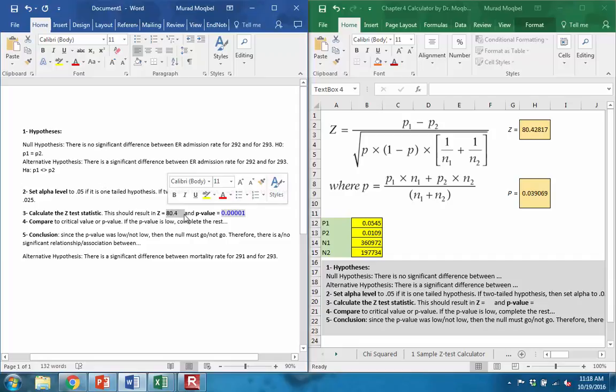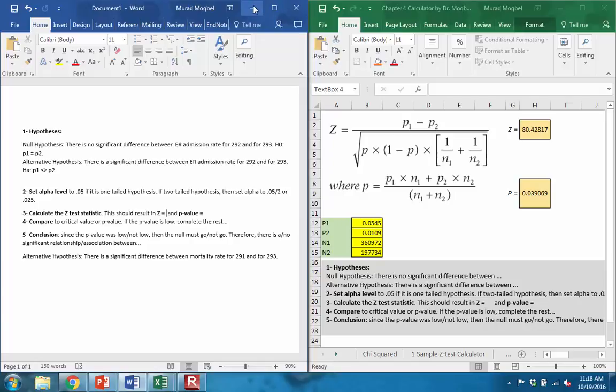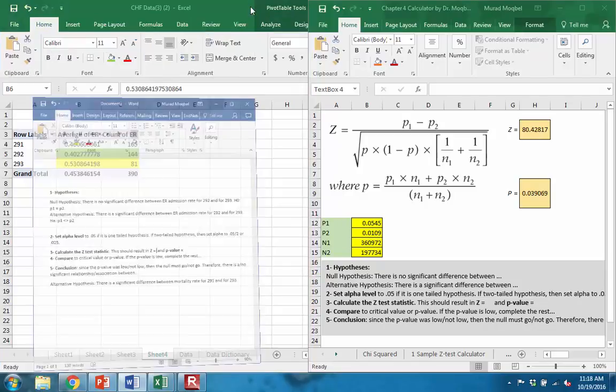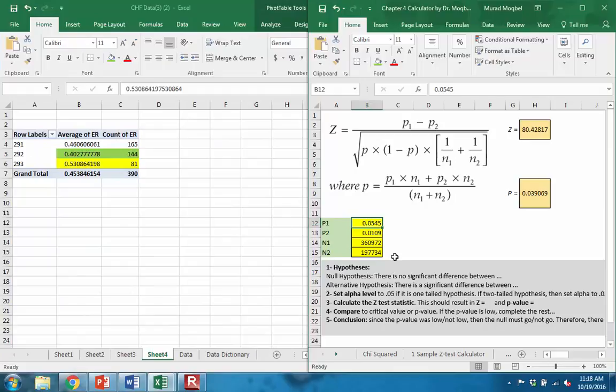So now I will need to calculate the Z, and I will need to calculate the p-value based on the Z. So to do that, I will just need to plug in. I'll plug in here proportion. So the proportion for 1 will be, in our case here, 0.403. And then proportion 2 is 0.531.